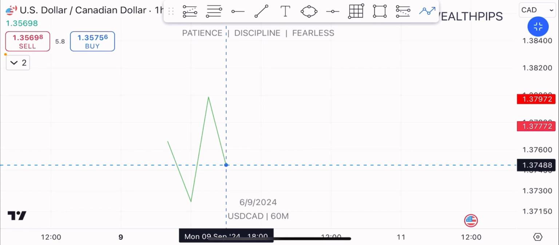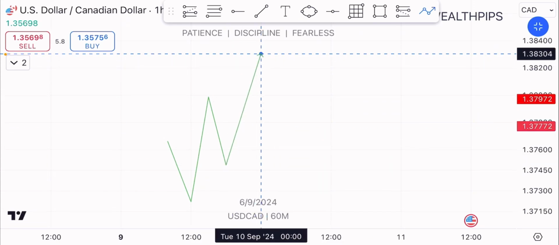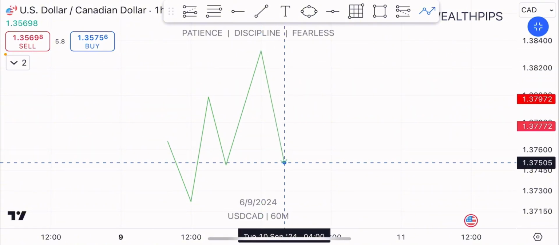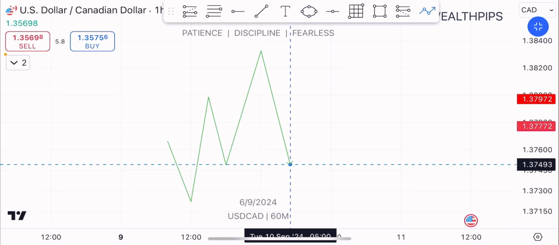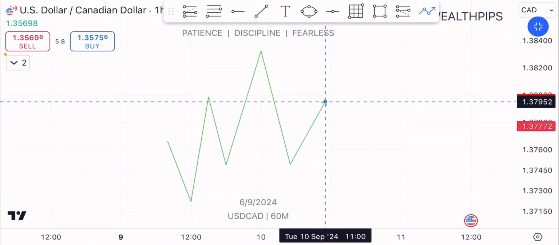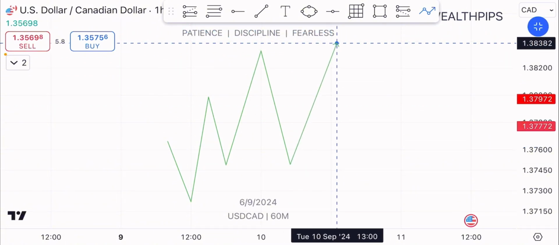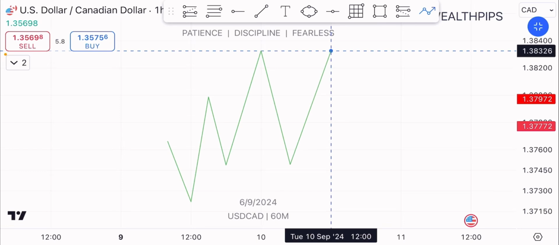After having a 50% or 60% retracement, then you have your second break of structure. After having your second break of structure, you wait for confirmation into this previous zone. Then if your setup is like this, you have to catch the second move to this same level.